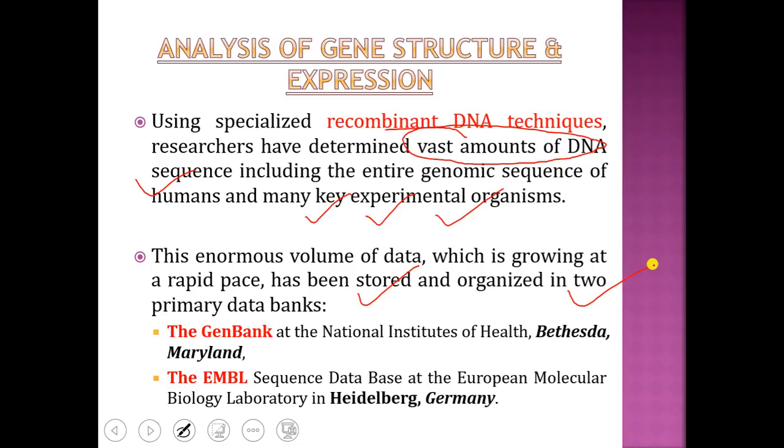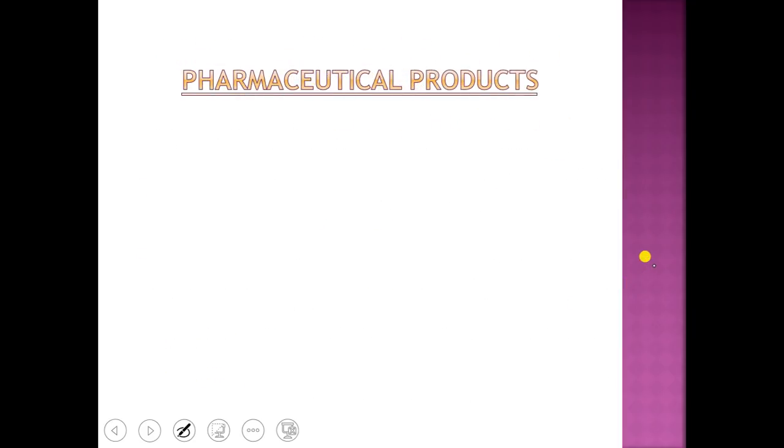The second is the EMBL sequence database at the European Molecular Biology Laboratory in Germany. So from that we have a large human genome data, and we can get whatever information regarding the human genome from this.